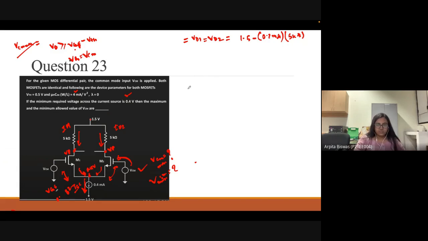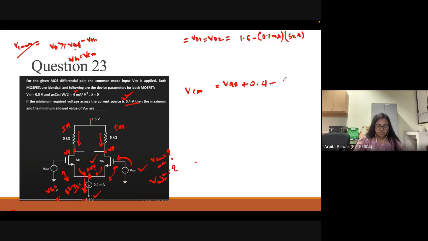Now what is the minimum value of VCM? VGS plus the voltage applied here. The current source has 0.4 volt applied, so VGS plus 0.4, and here the value applied is minus 1.5.